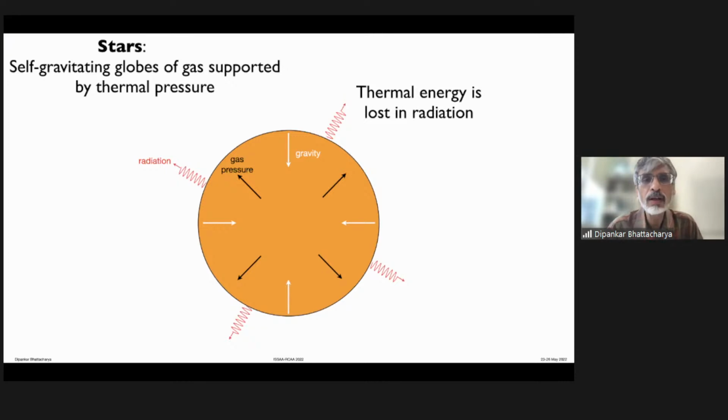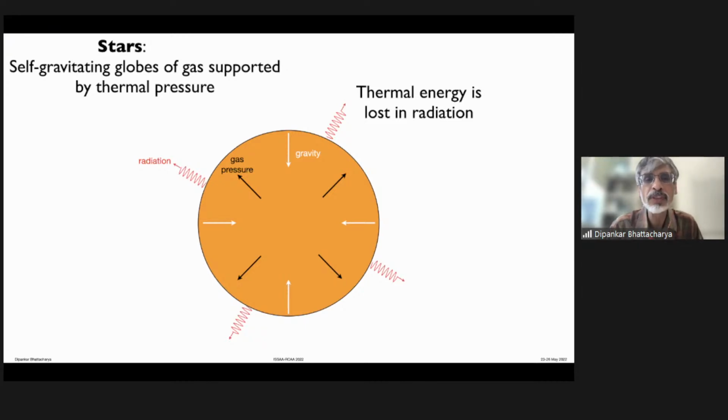So unless this loss of energy in radiation can be compensated by some means, holding the gas up against gravity by thermal pressure is not going to work. So what can compensate it? To compensate it, you will have to generate energy within the star.